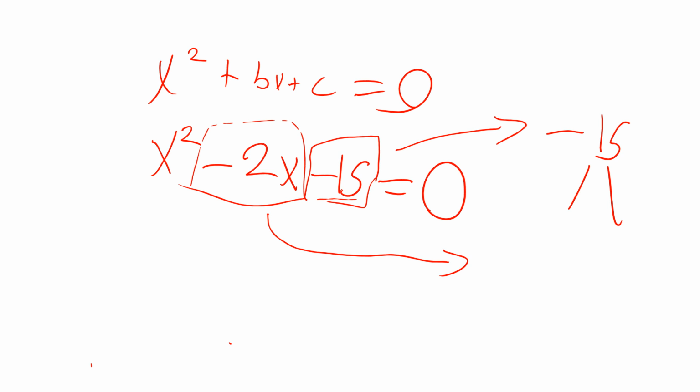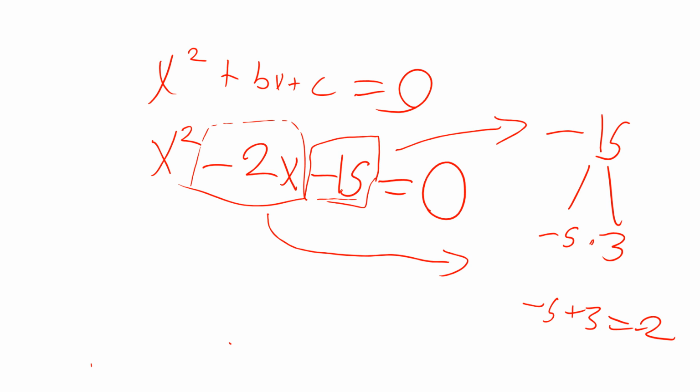The first thing that comes to my mind when I see negative 15 is negative 5 and 3. This is equal to negative 15, and negative 5 plus 3 is negative 2. So it obviously works. Now that we have negative 5 and 3, we can start to factor.